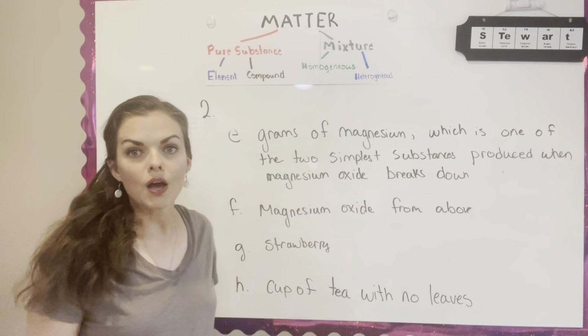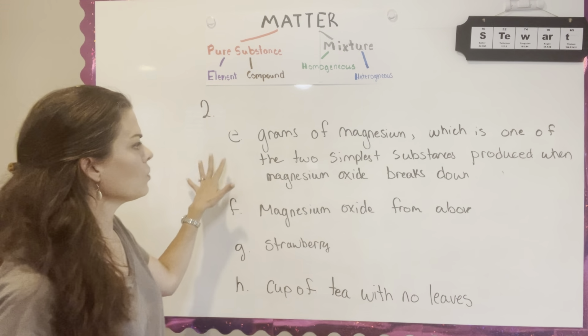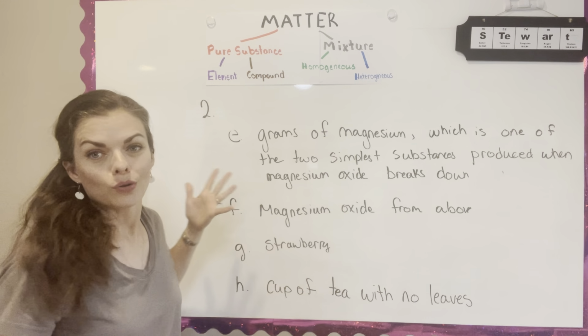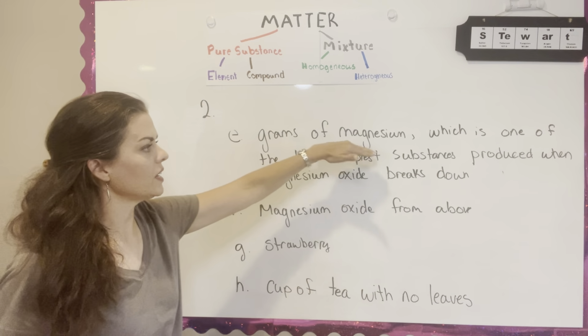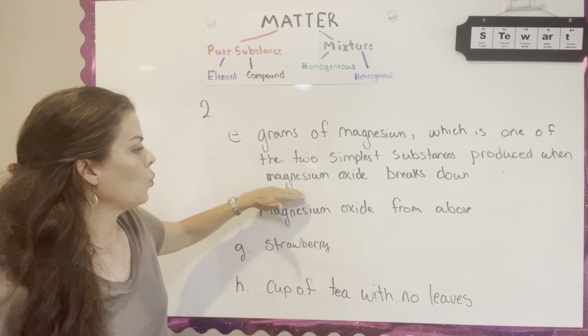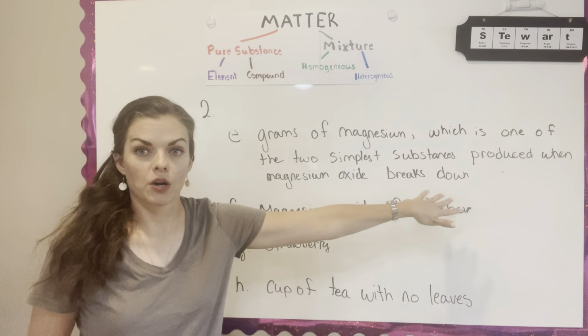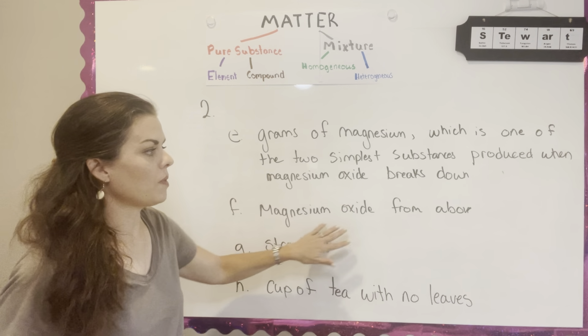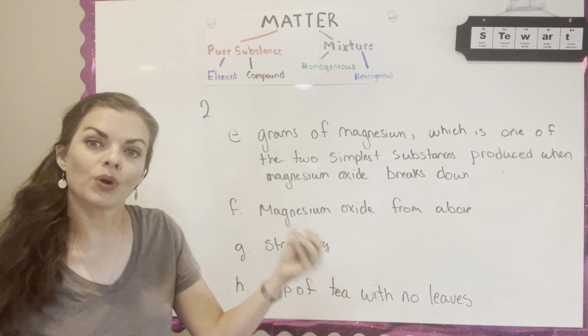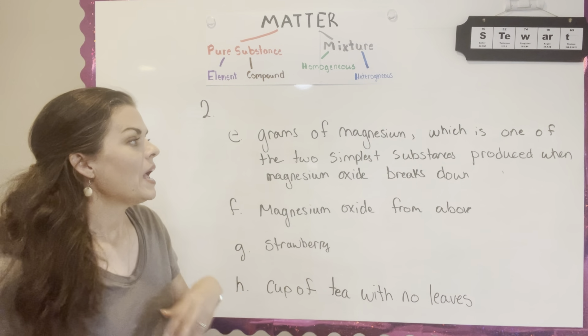The second part of question number 2, we're still classifying matter, and E and F go together. E is grams of magnesium, which is one of the 2 simplest substances produced when magnesium oxide breaks down. And then F is magnesium oxide from above. So we have magnesium oxide, and we can break it down into magnesium and oxygen.